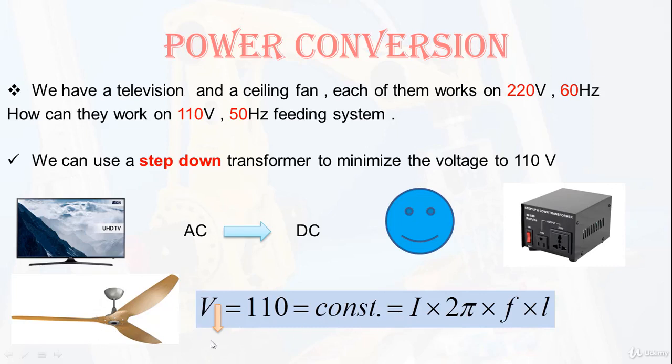So when the voltage is decreased, the frequency of our fan will be decreased also. So the voltage, or this equation, is a constant equation. So when the frequency is decreased, the current will be increased.